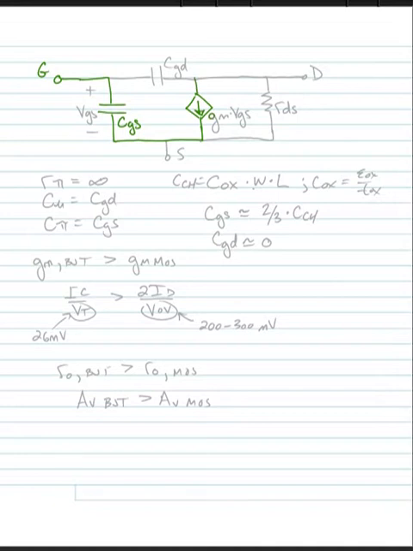Between the drain and the source, we have a transconductance, GM times VGS, where our VGS voltage is the voltage across the gate to source capacitance. We have a gate to drain capacitance. And finally, we have our output resistance, RDS, or the resistance between the drain and the source.